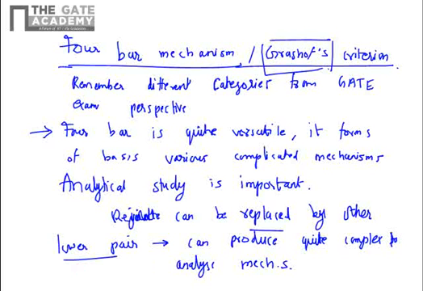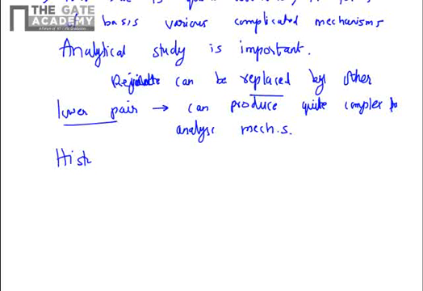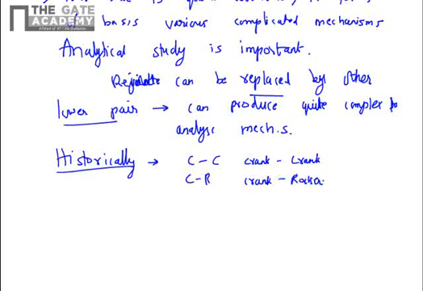Historically speaking, there were various mechanisms that were developed in the period of the 19th and 20th century. So some names were given for different kinds of mechanisms. Till now you know the crank-rocker and rocker-rocker mechanism.